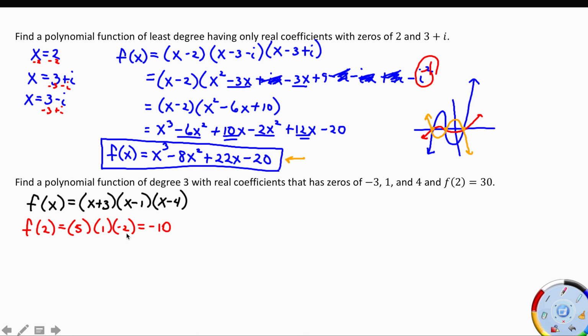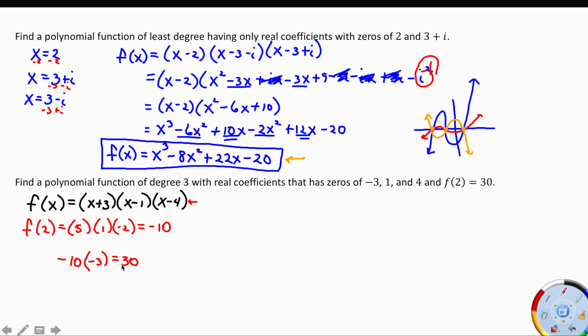So if I plug a 2 in to this function that I found with my zeros, it's obviously not the one they want. So I want to adjust this function so that it continues to have those zeros, but when I plug f of 2 in, instead of equaling negative 10, I want it to equal positive 30. To multiply or divide negative 10 by something to equal positive 30 means I'm going to say negative 10 times negative 3.